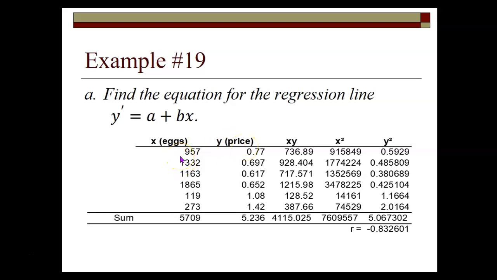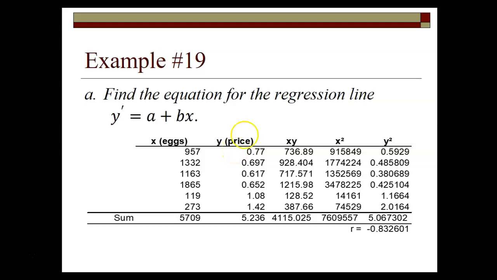In that last section, we found that the correlation coefficient for this set of data was negative 0.832601, and that there was enough evidence to conclude that there is a significant negative linear relationship between these two variables, the number of eggs produced and the price of a dozen eggs.